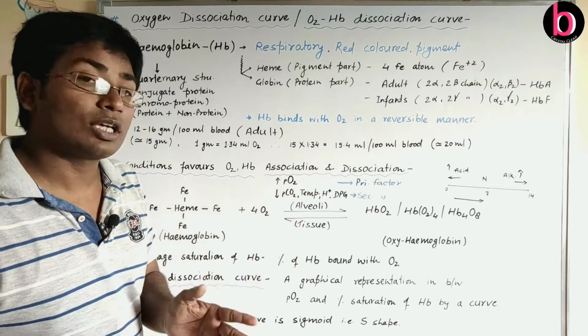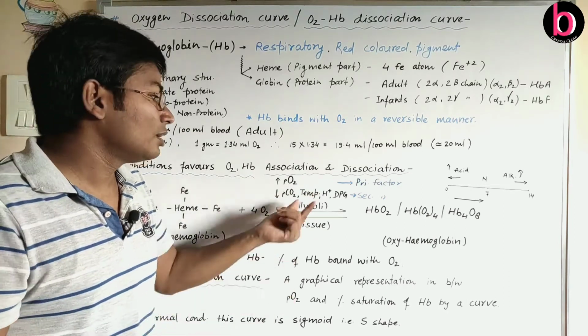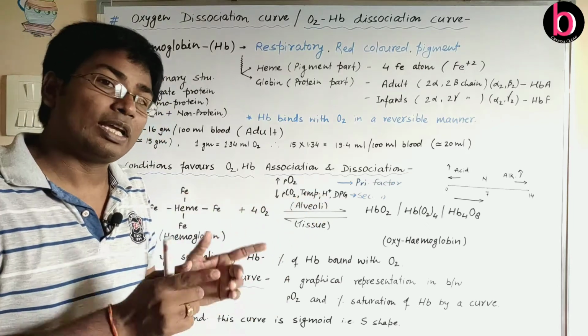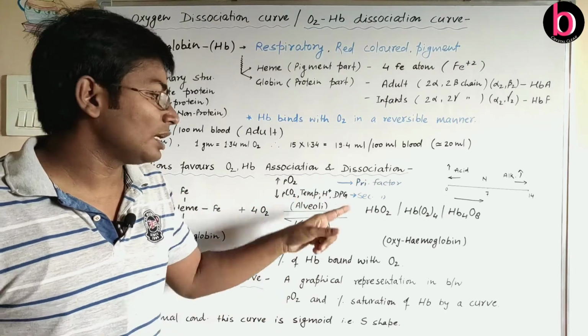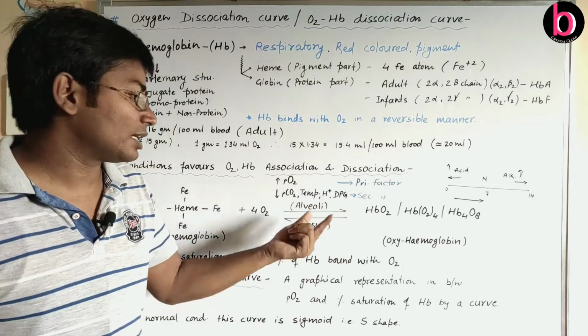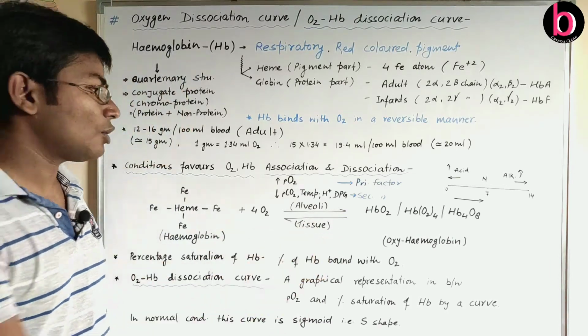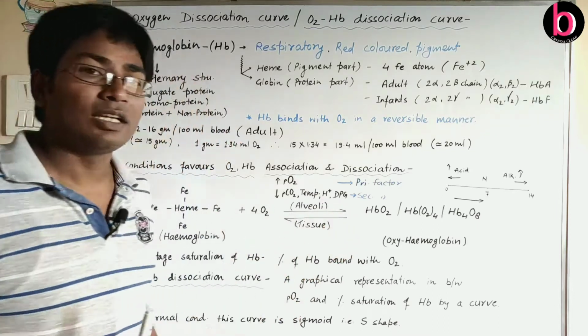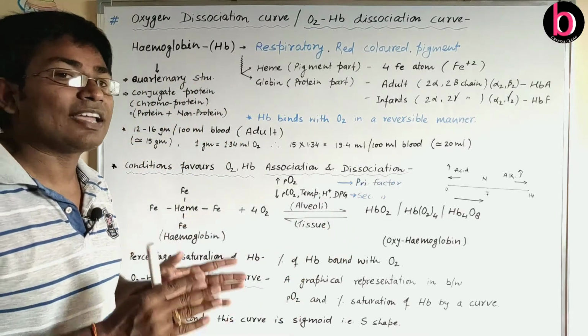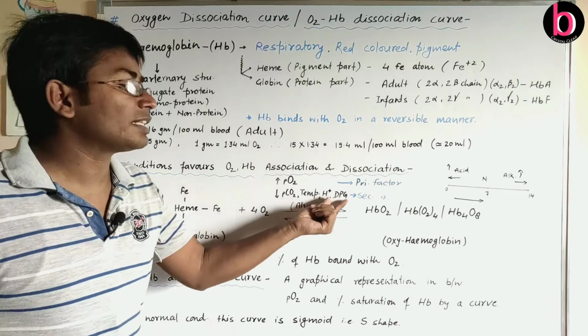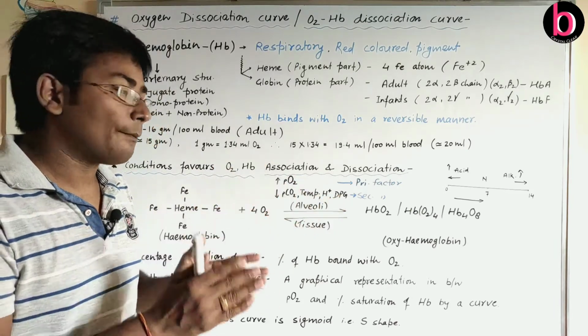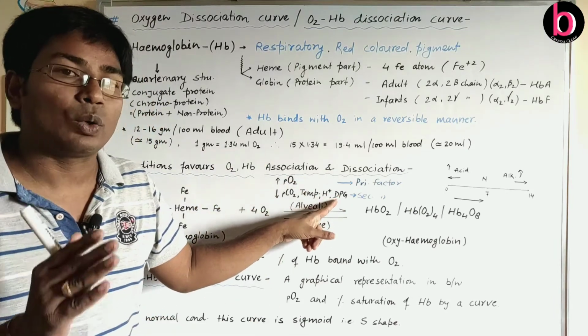There is dissolution of carbon dioxide in blood, so H ion concentration also increases, and DPG, diphosphoglyceric acid, is also very high here in the tissues. Now what is this DPG? This is known as 2,3-diphosphoglycerate or glyceric acid. This is a byproduct of glycolysis.